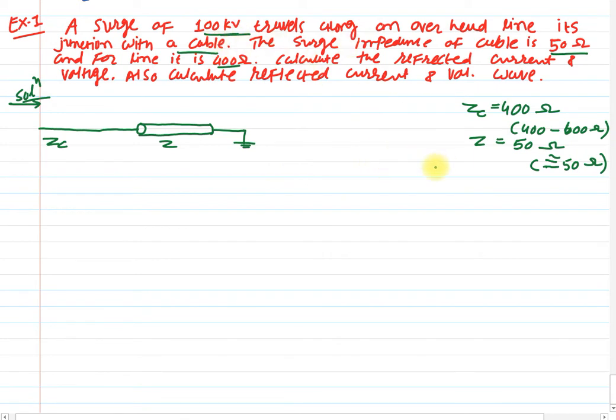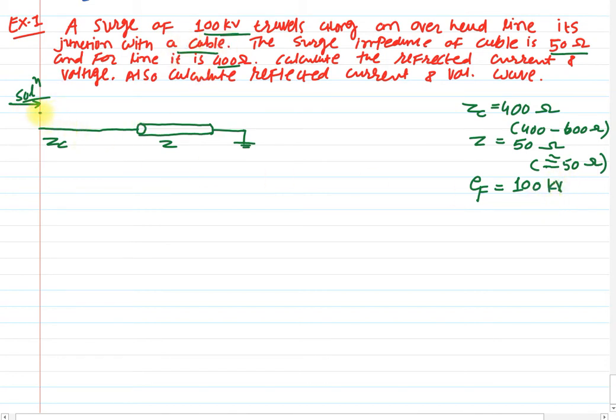One more thing given here is the surge magnitude, meaning the value of the forward voltage wave, or we can say the incident voltage wave, EF, which is given as 100 kV.